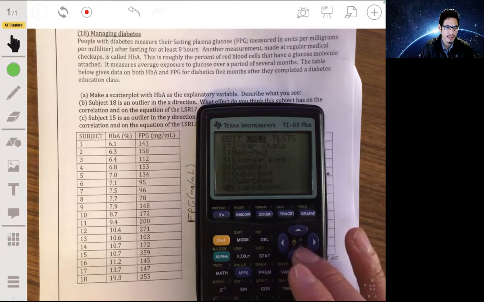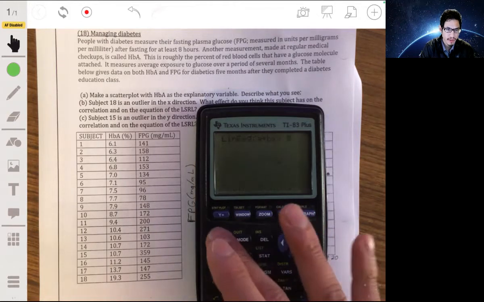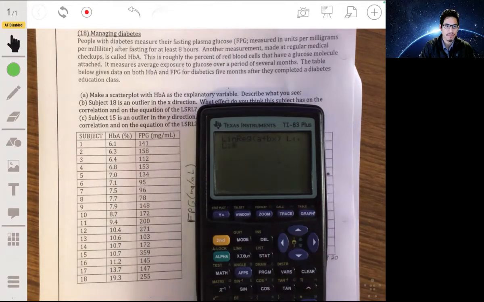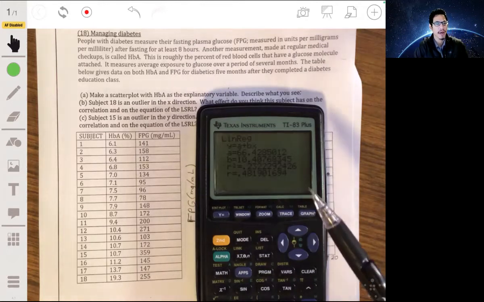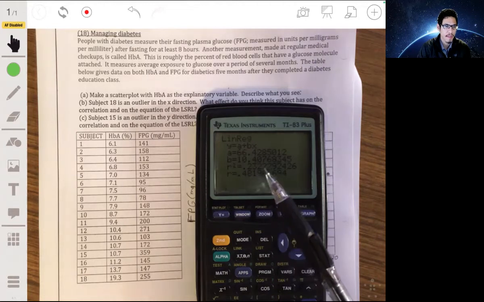Then we're going to use the linear regression analysis where we have the a plus bx form. And on this calculator, I'm going to have to enter L1, comma L2. Let's enter. And see, it's going to give me my a, my b, my coefficient of determination, and my correlation coefficient.